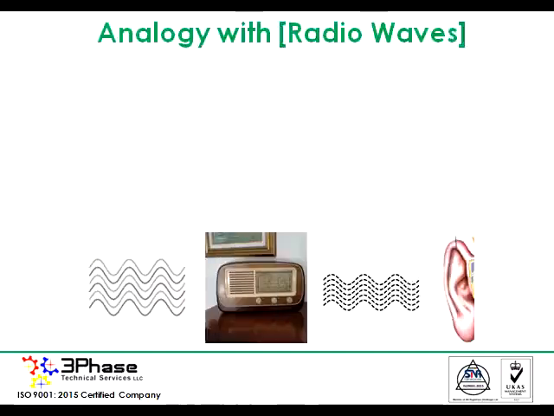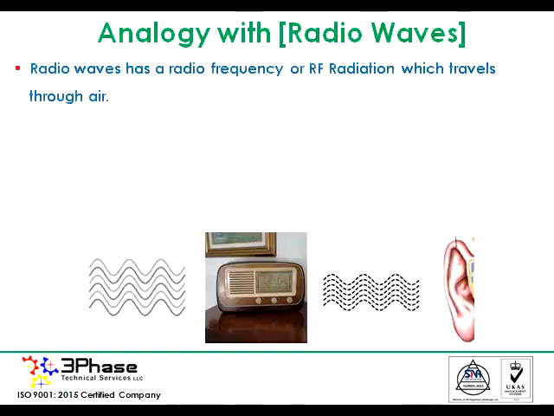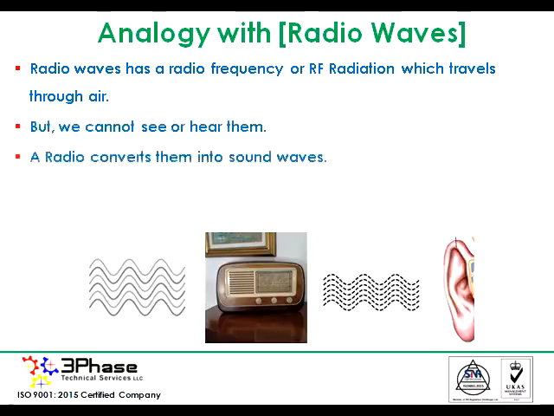Analogy with radio waves. Radio waves have a radio frequency, or RF radiation, which travels through air. But we cannot see or hear them. A radio converts them into sound waves. The human ears are sensitive to these pressure waves.